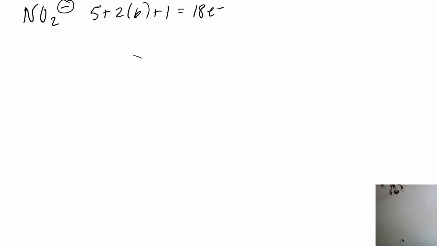Now we're going to look at an ion, NO2 minus, one of our polyatomic ions, I should say. 5 plus 2 times 6 plus 1 electron for that negative charge gives us a total of 18 valence electrons.